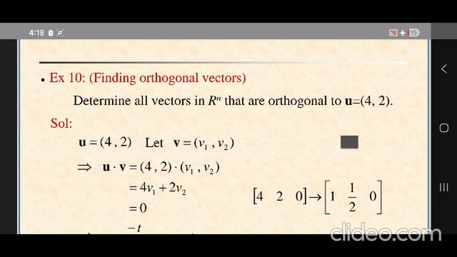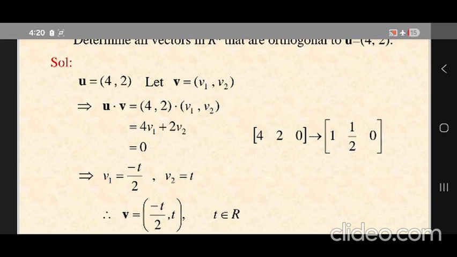First find the dot product u dot v, which is 4 times v1 plus 2 times v2. Setting this equal to 0, we get v1 equals -t/2 and v2 equals t. Then v equals (-t/2, t).